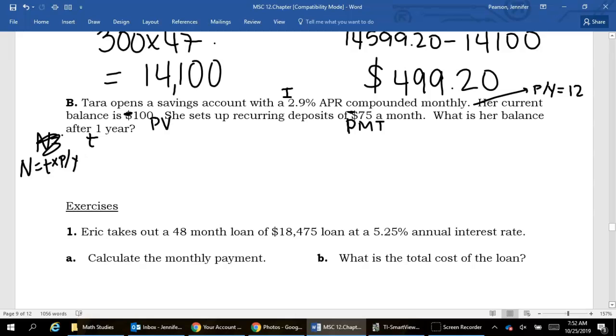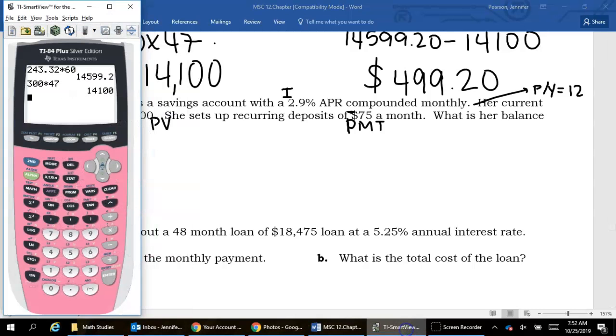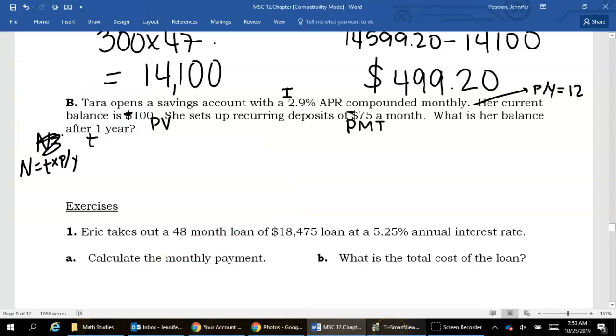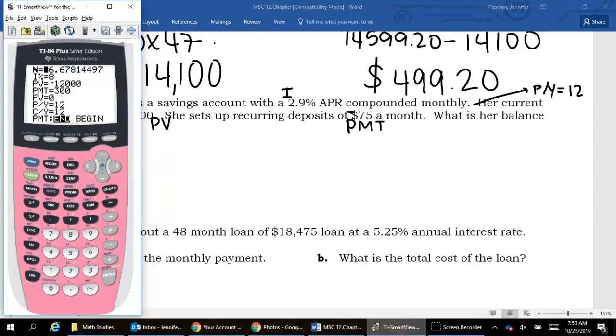Okay, so let's go to the calculator. I'm going to go back to my finance application. And N is T times PY, so that would be 1 times 12. I don't need to type 1 times 12. I can just type in 12. I is 2.9%.